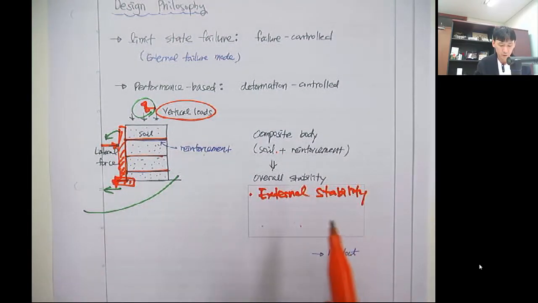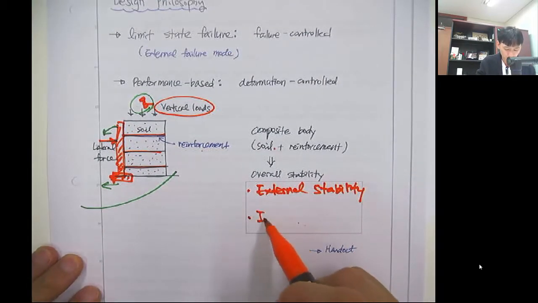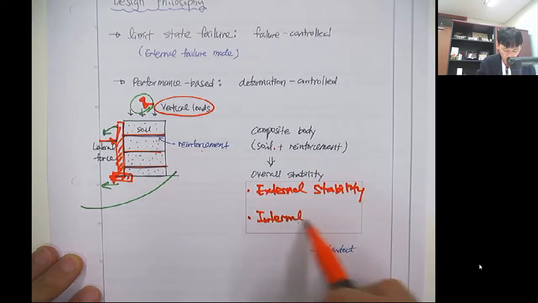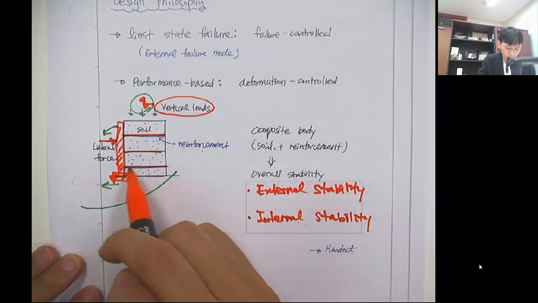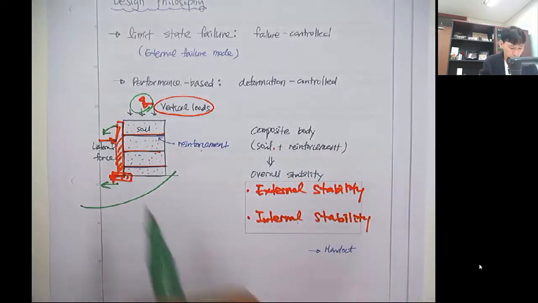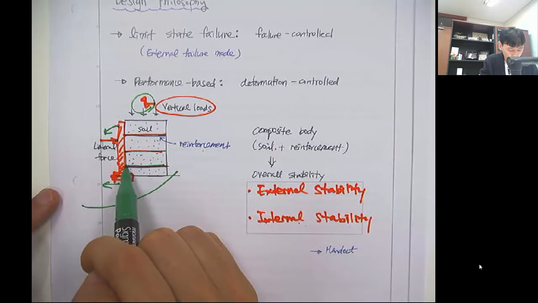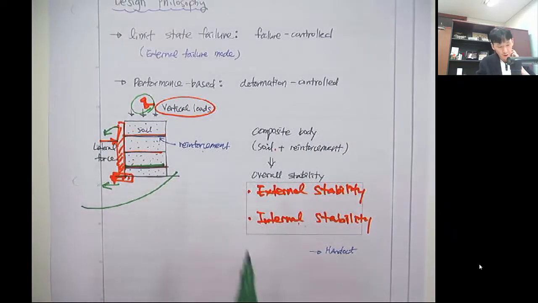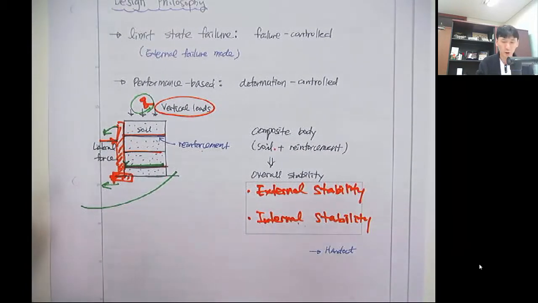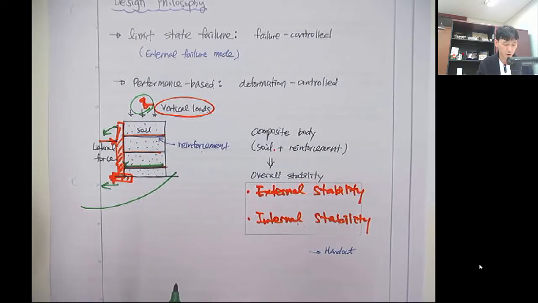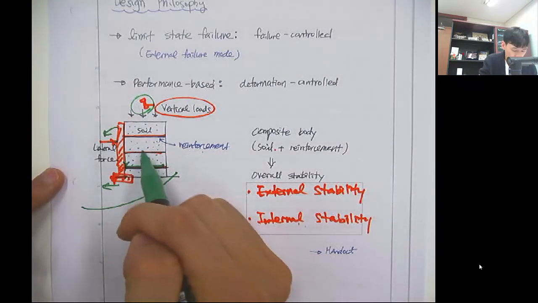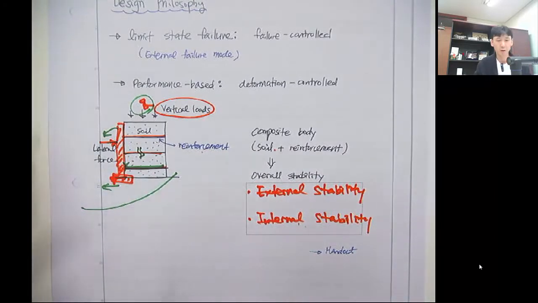And that's the first issue. The second is the internal stability of this reinforced material. If this tie back is too tight, then there could be some rupture at the joint here, the connection between the wall and the reinforcement, or this strip can just be broken in the middle.